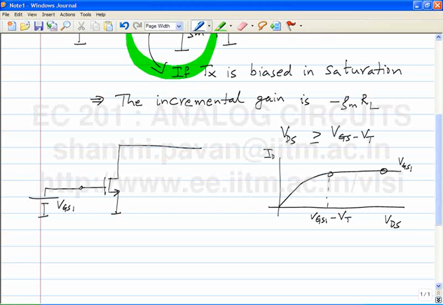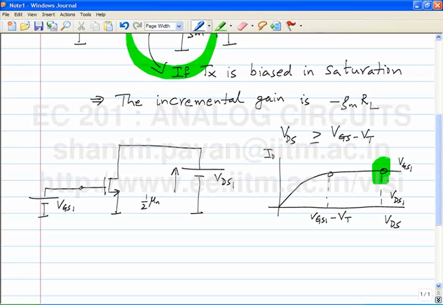And so let me choose some large value. Since I have put batteries of VGS1 and VDS1 between the gate source and drain source respectively, it's quite obvious that we'll be lying on our operating point. And what is the current through this battery here? Which direction does it flow? Upwards. And what is the value of the current?